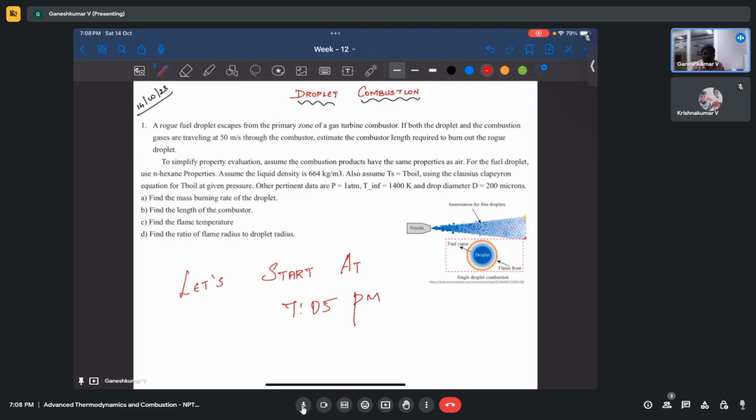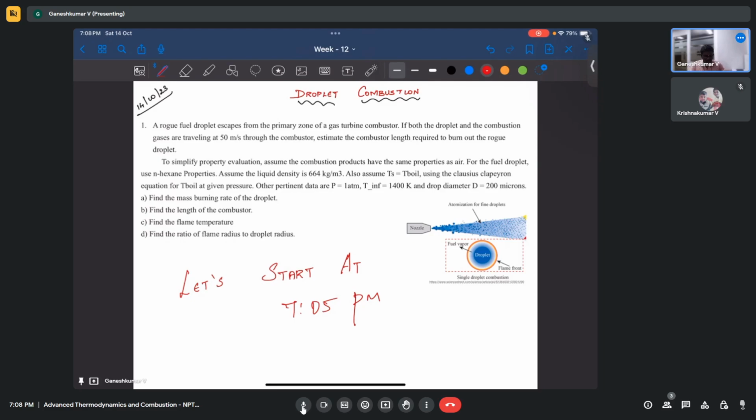Either that could happen, or sometimes it might stay as a liquid droplet. And as soon as it starts evaporating, it reacts with the oxidizers, and then it forms the flame, then it produces products. So that's what we see here.